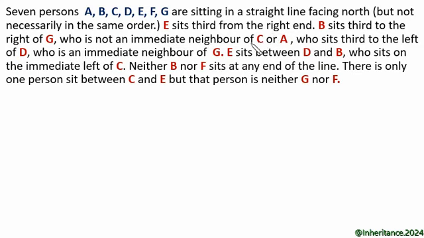The main thing is you need to read, you need to jot down what you need to do and then solve it accordingly. So I will tell you the approach.